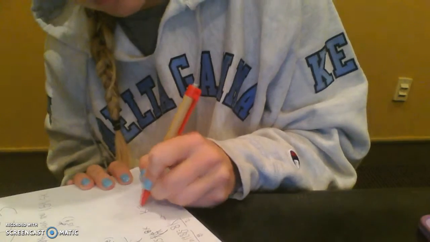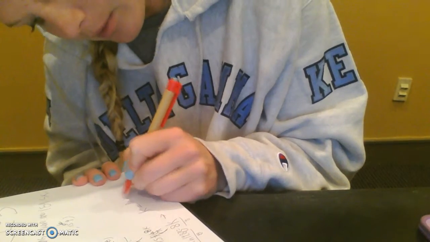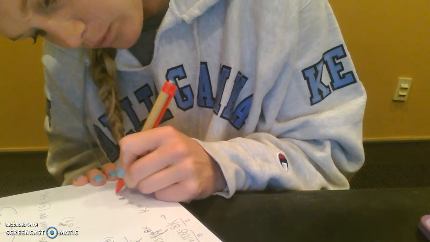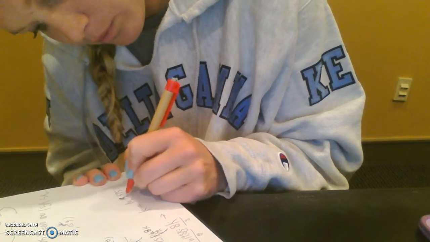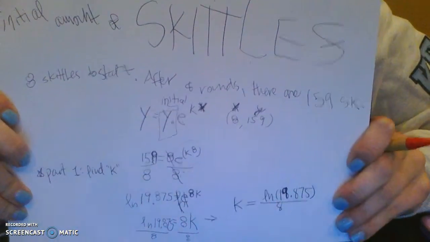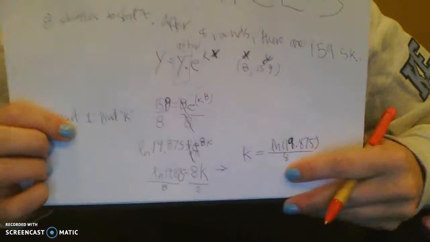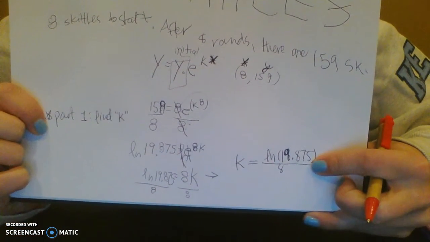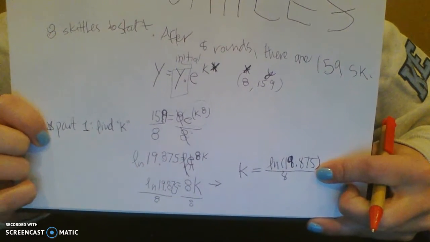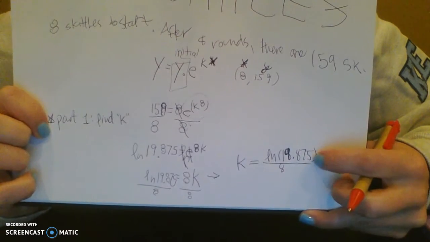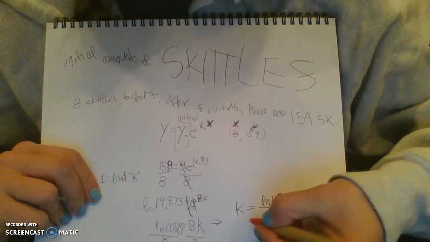And I'll get that. I'll write it a little bit bigger so you guys can see. The ln of 19.875 divided by 8 is equal to k. Make sure that you're closing parentheses here so you don't get a calculator error.